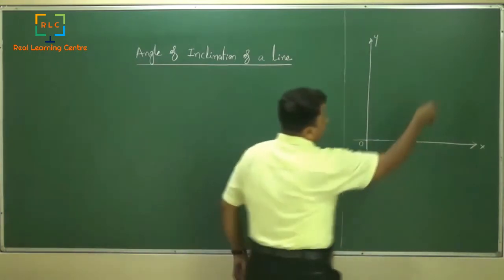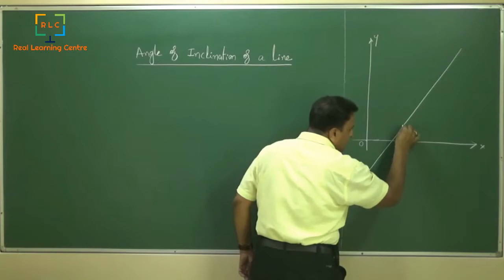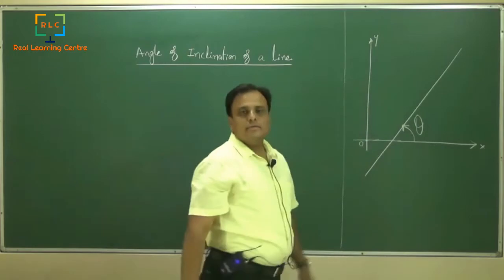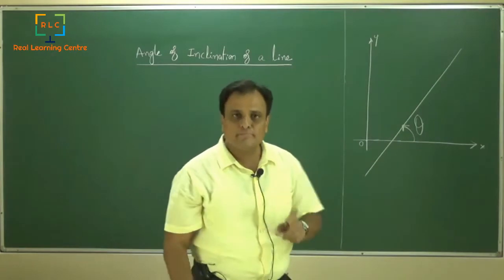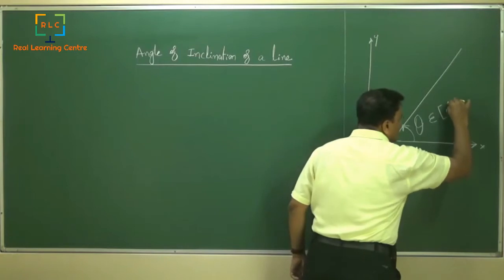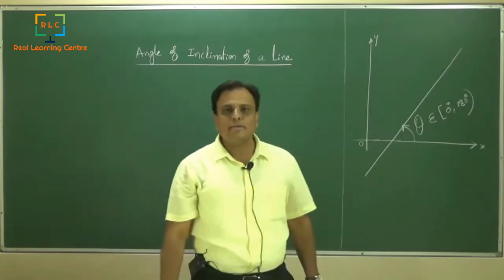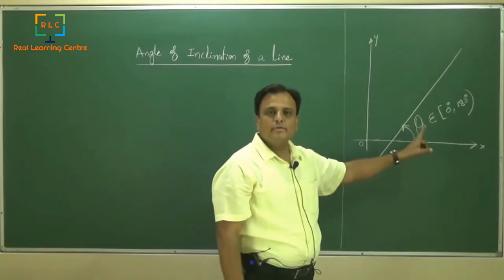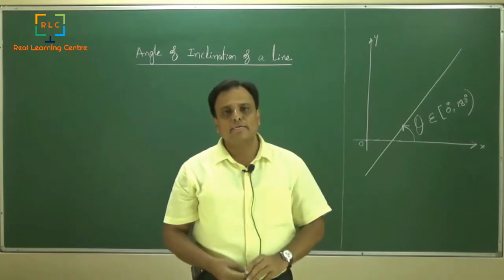If a straight line makes an angle theta with the positive x-axis in positive direction and lies in the interval 0 to 180 degrees, then this angle theta is called angle of inclination of the line, or just inclination of a line.